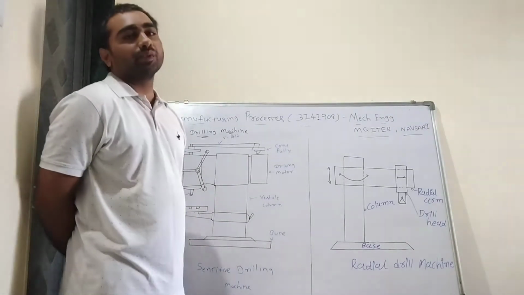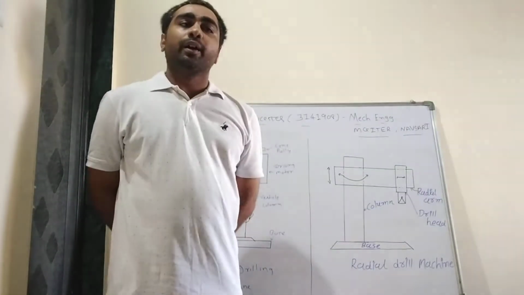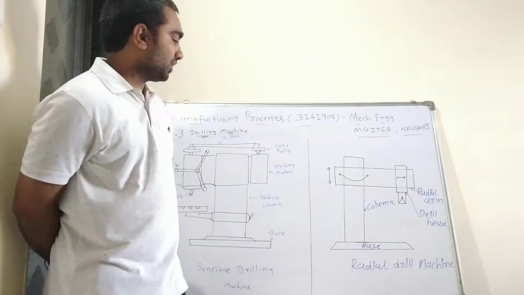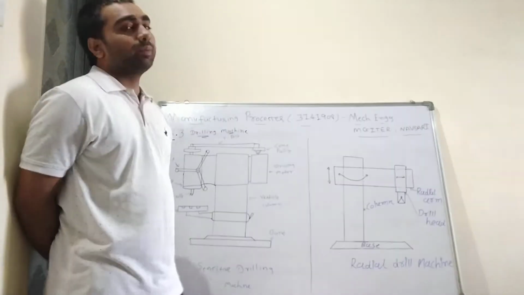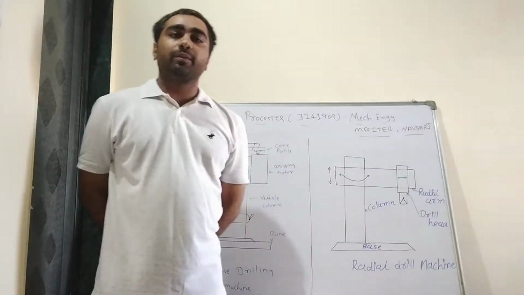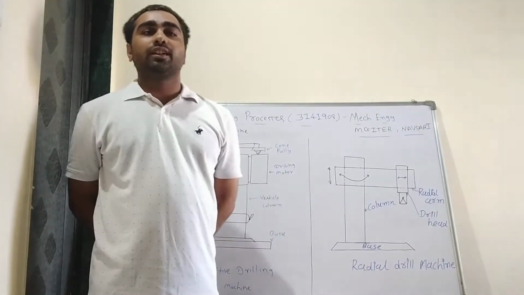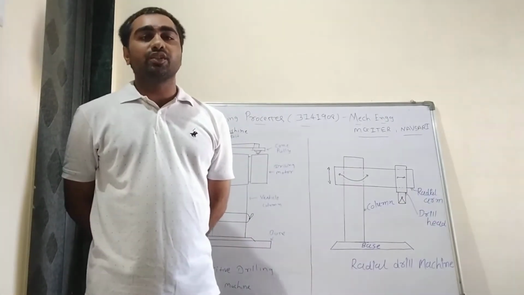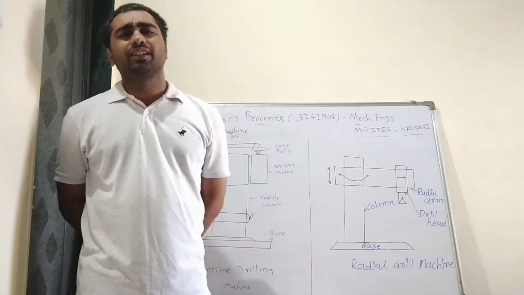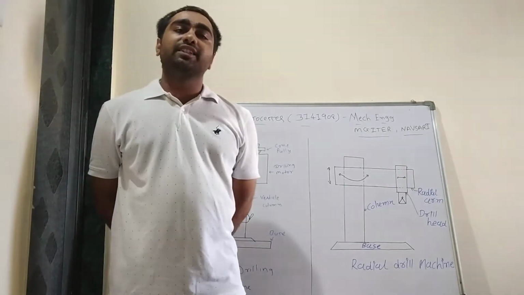There are many types of drilling machine available in the market. First, we start with the portable drilling machine. The portable drilling machine is very small in size and creates a small hole with the tool.